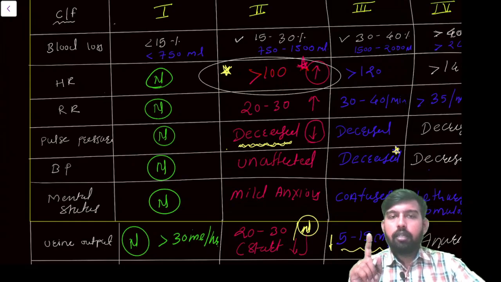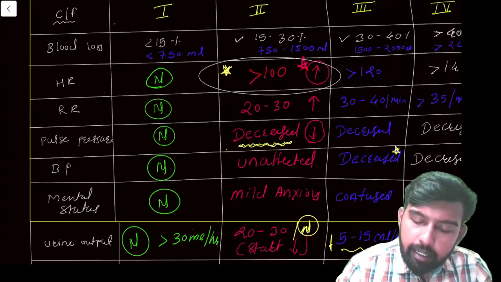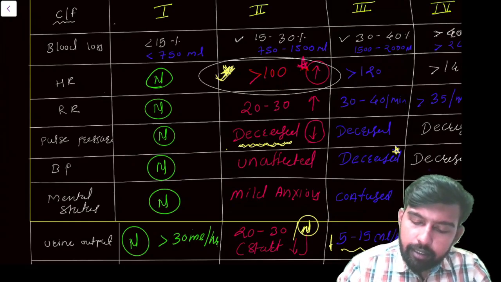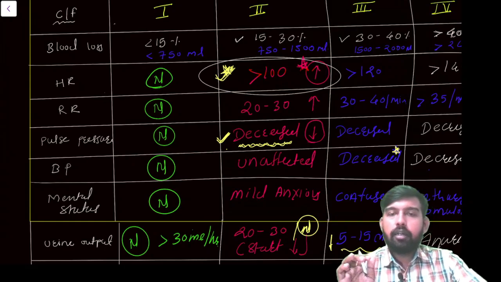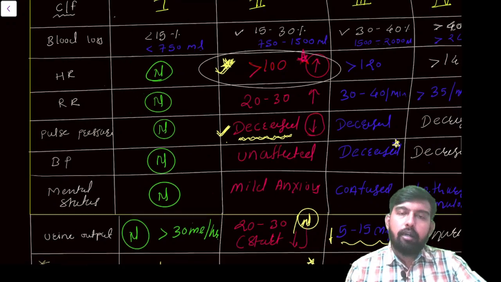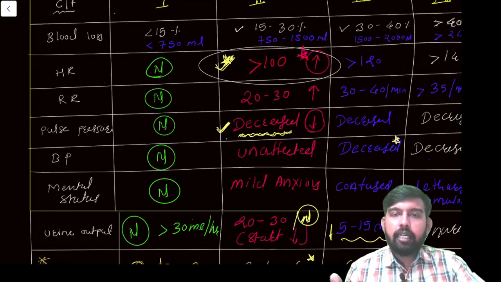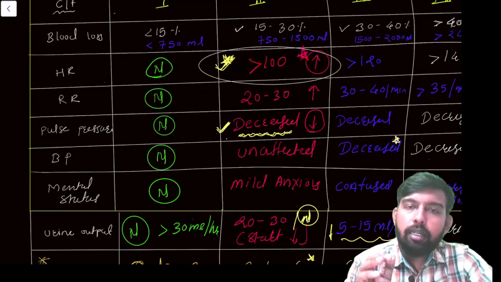Remember that there is a change in the clinical parameters in the class 2 shock. These changes are tachycardia and a decrease in the pulse pressure, and all the other parameters remain unaffected because of the compensatory mechanism. The respiratory rate could be mildly increased, but it could be in the normal range.